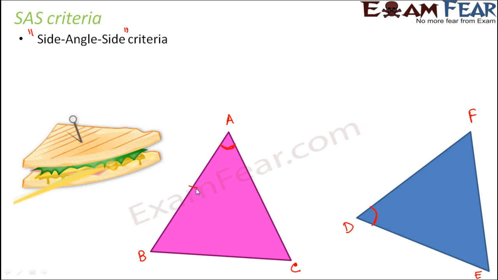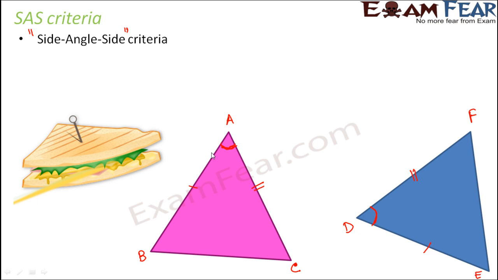The measure of this side is equal to the measure of this side, and the measure of this side is equal to the measure of this side. So if this is true, that is, if two sides and the angle included by these two sides, so this angle A is sandwiched between AB and AC. Similarly, angle C is sandwiched between these two sides. Similarly, angle B is sandwiched between these two sides.